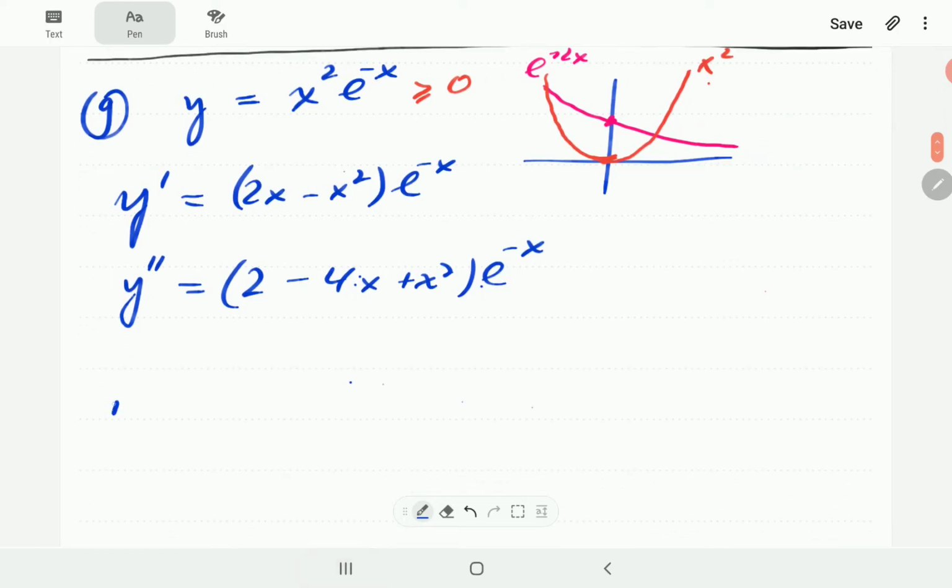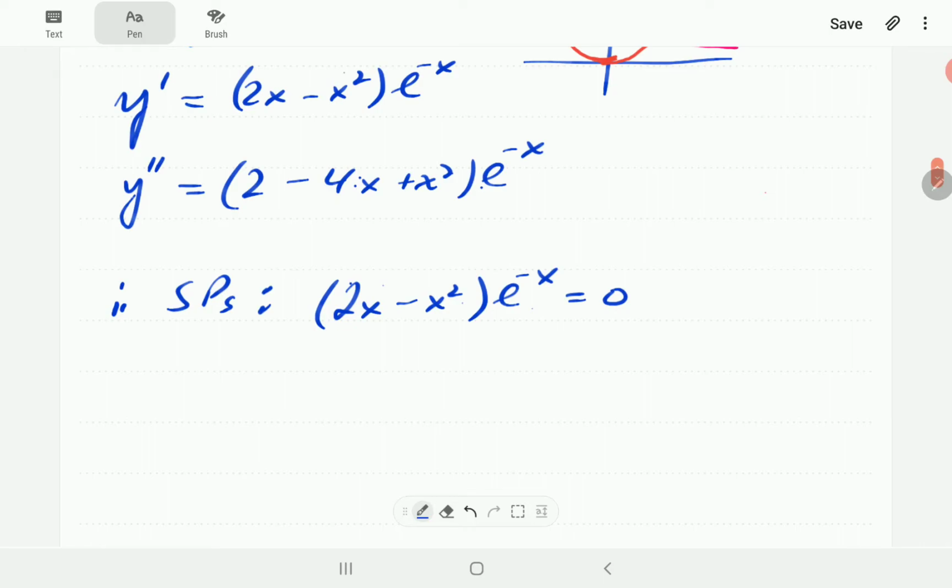And so now we are in a position to find our stationary points. As we have established, these are found by taking the first order derivative, equating to 0, and then solving.